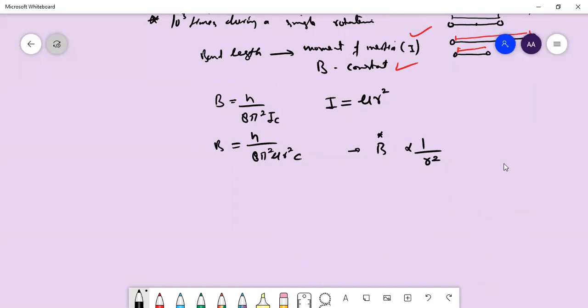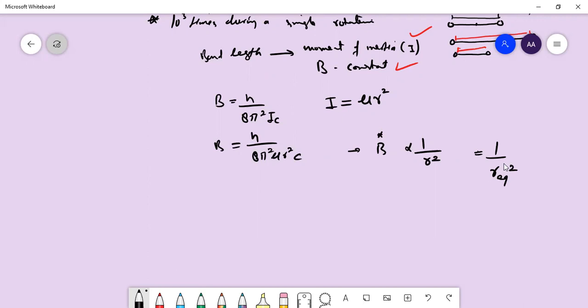However, the rotational constant B depends on 1 upon R square. It means the average value of this quantity is not the same as 1 upon R equilibrium square, where R equilibrium is the equilibrium bond length, which is the actual bond length of that molecule.